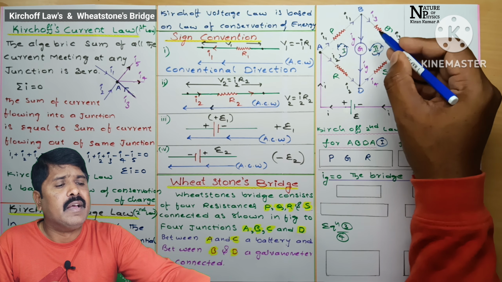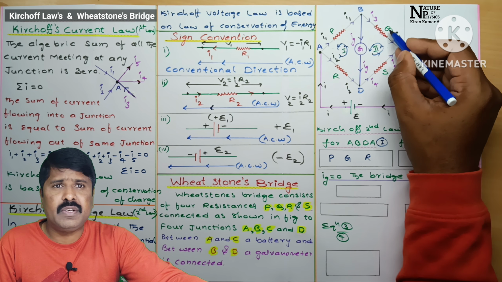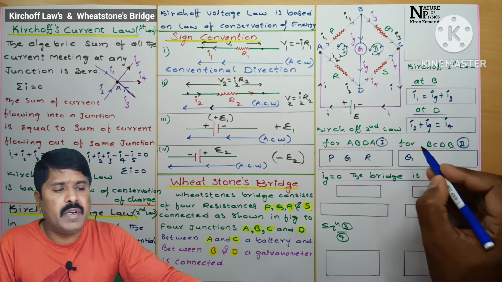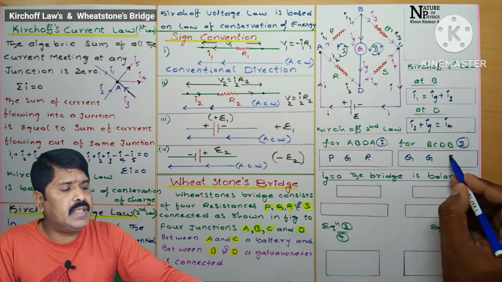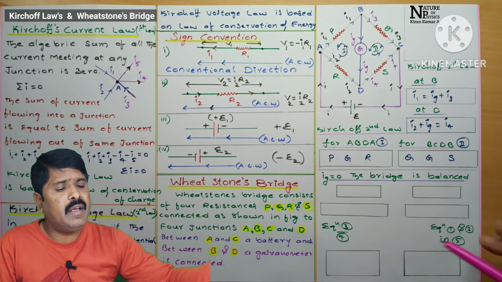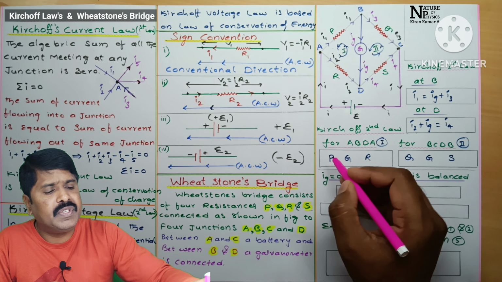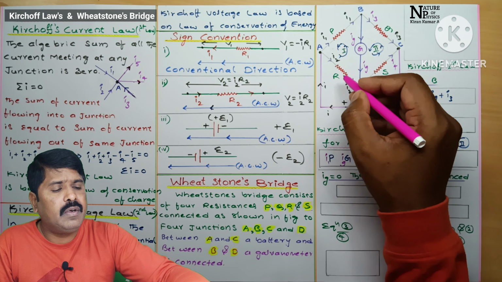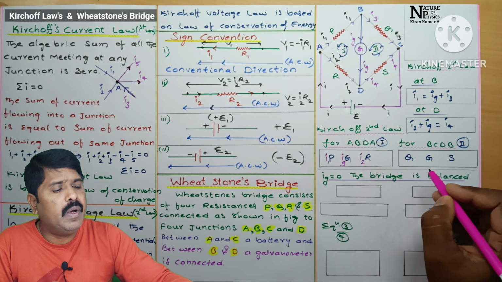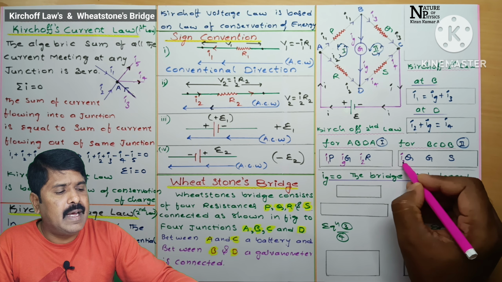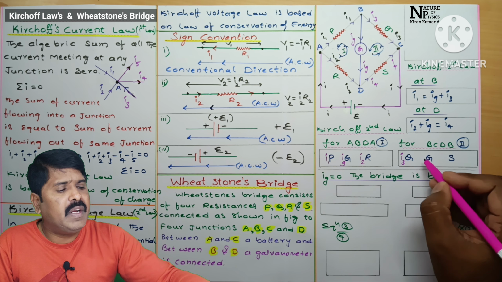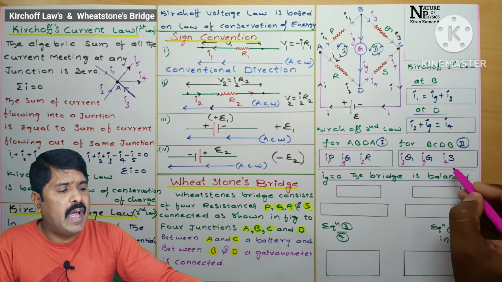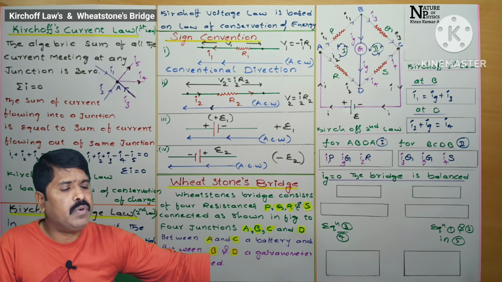And the second loop has how many resistors? 3 resistors: one resistance is Q, the resistance across the galvanometer is G, and another resistance is S. Clearly, the current across the P resistance is I1, the galvanometer current is IG, the R resistance current is I2, the Q resistance current is I3, the galvanometer current is IG, and the S resistance current is I4. Now I am going to apply the sign convention here.